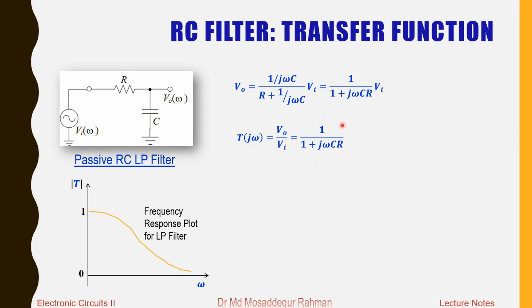So this is our expression for the transfer function for this low pass filter, and from this also we can verify if it satisfies the requirement for this low pass filter, that is, should have 1 or high transmission at low frequency, and it should have very low or 0 transmission at very high or infinite frequency.